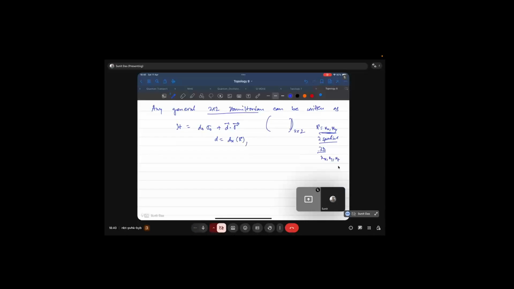But in general, you can write this dz of k. So this is just the vector, and sigma vector is simply the Pauli matrices.